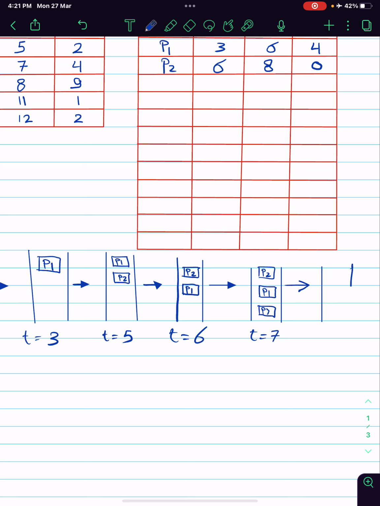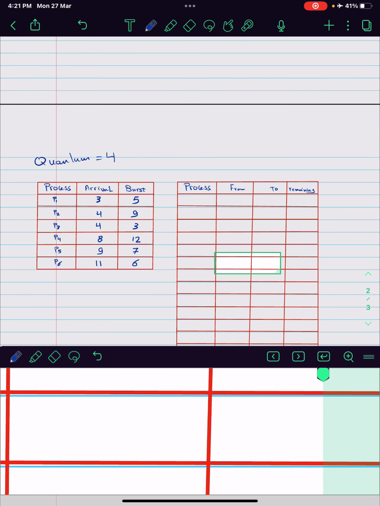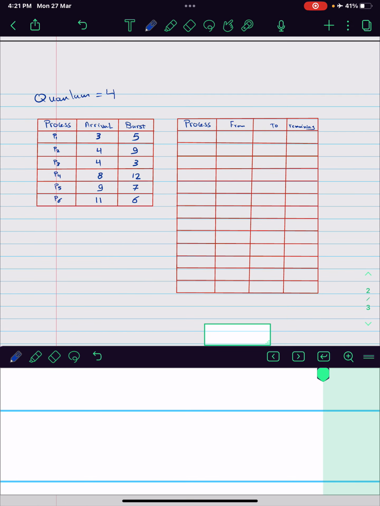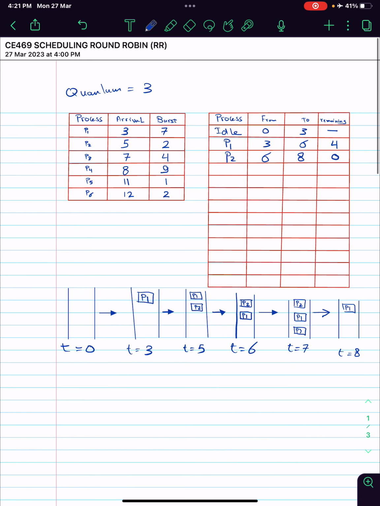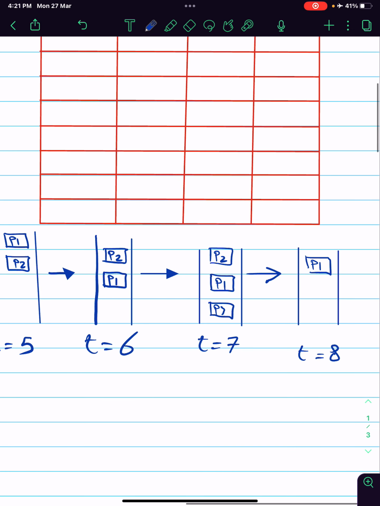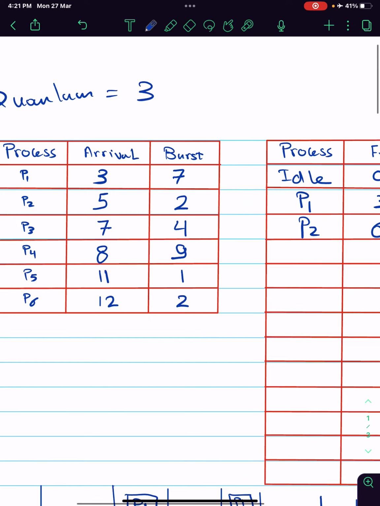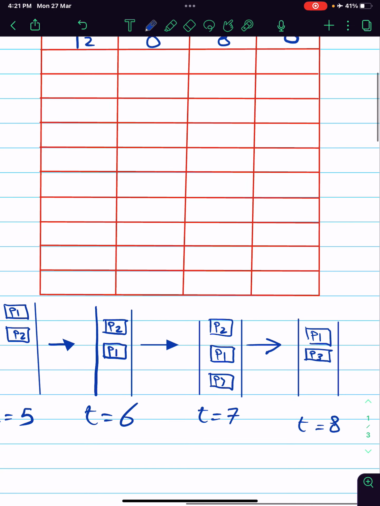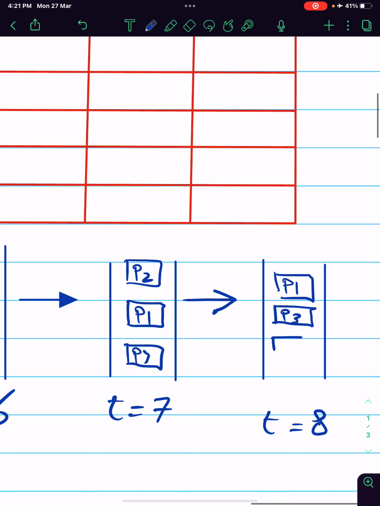So now the queue at time 8: P2 will leave, so P1 is going to be at the head of the queue, and then you have P3, and then you have P4 that arrives at time 8 also in the queue.